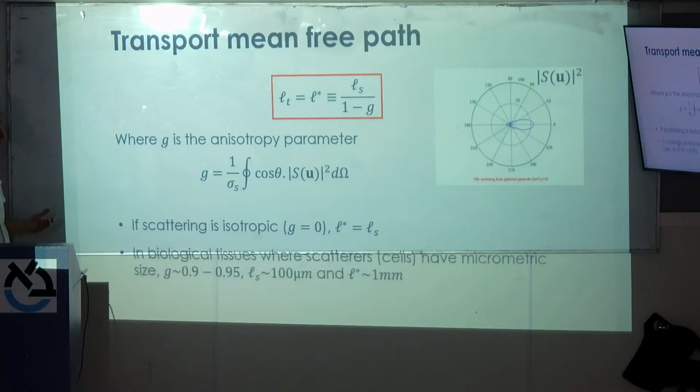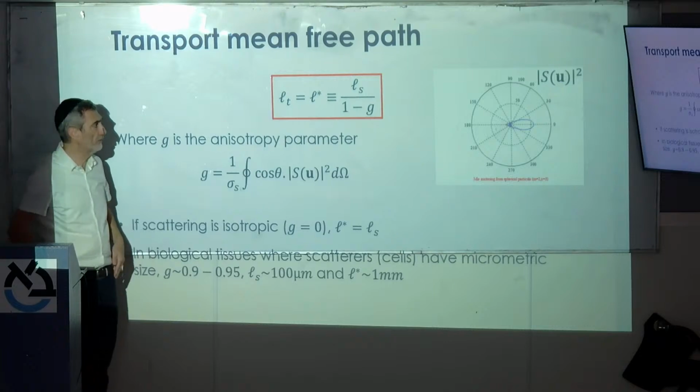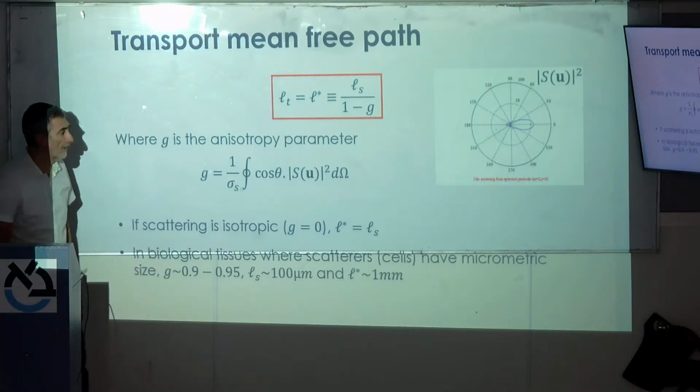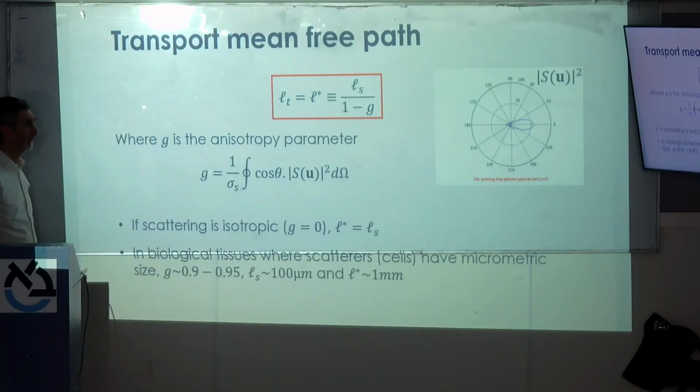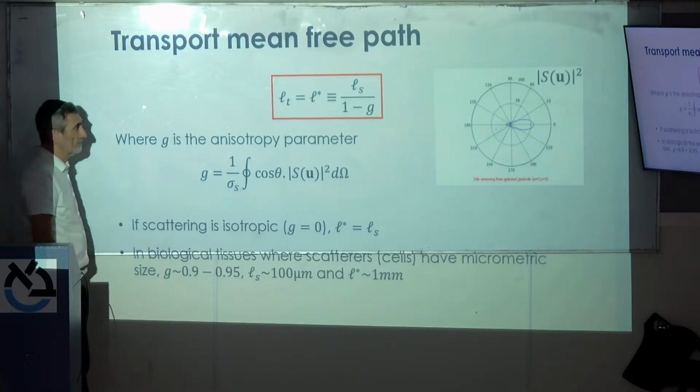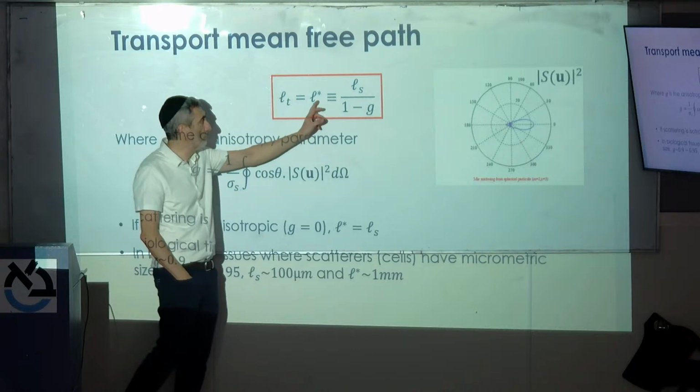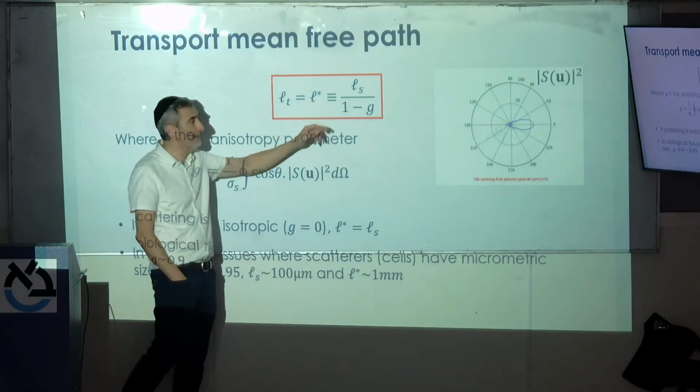But when you consider large particles, and especially in biological tissues, where the scatterers are cells, so they are micrometric sizes, g can be large. g can be close to 1. That means that there can be a huge difference between L star and LS.